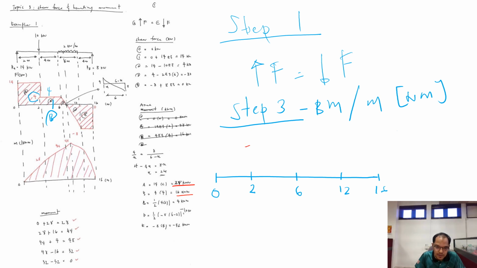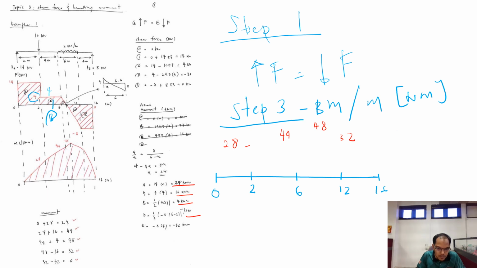This one, let's say 28, and then we go to 44. Already added up 44, and then 44 plus 4, you go to 48. 48 minus 16 is 32.